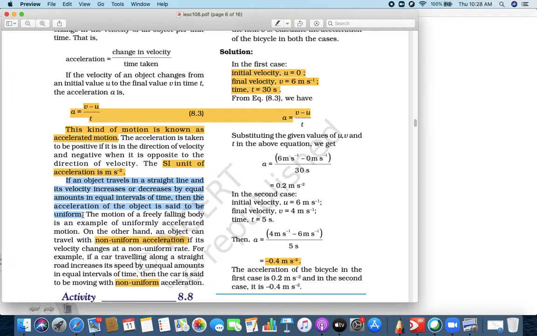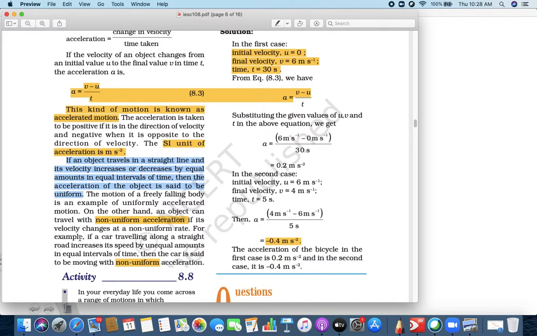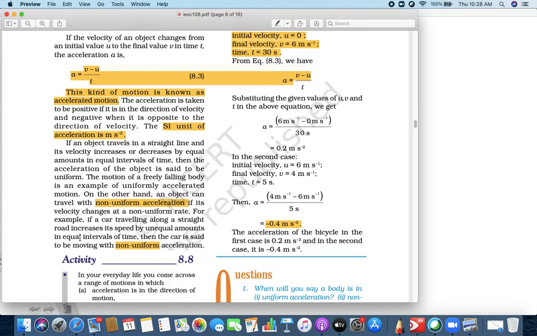What is uniform accelerated motion? If your speed is increasing or decreasing by an equal amount in equal intervals of time, we call it uniform accelerated motion.